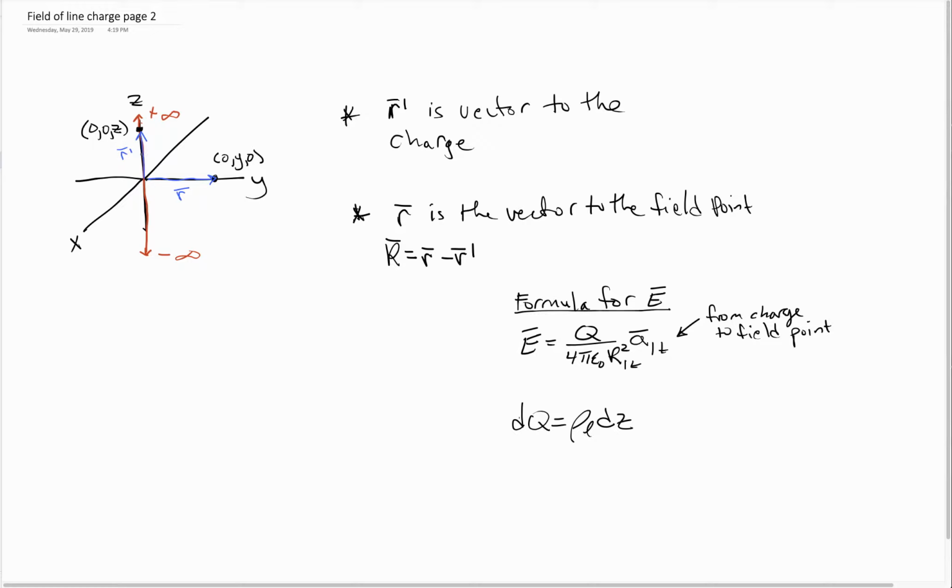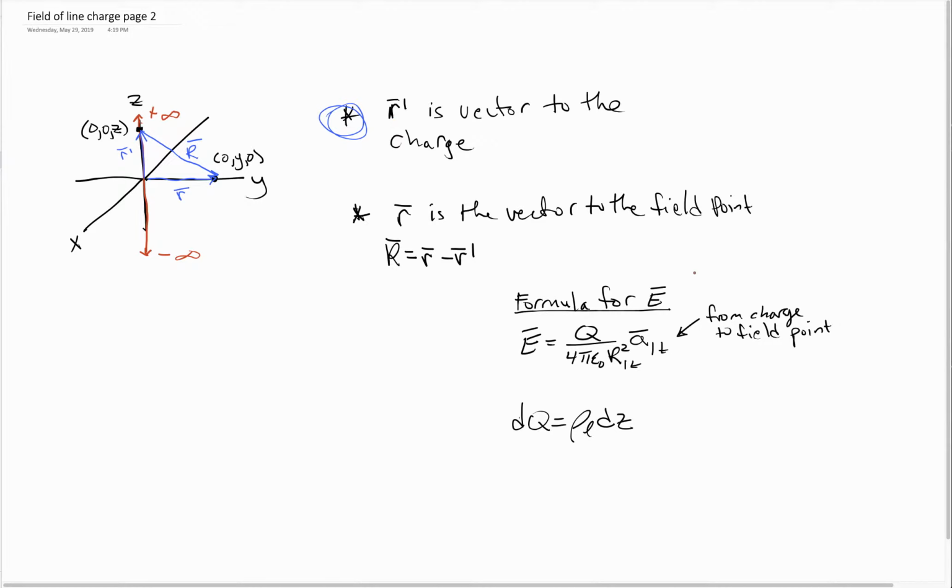They use this notation throughout the book, where r prime is always the vector to the charge, and r is the vector to the field point, and then capital R is what we use in the equations, going to be this vector here. And so to determine capital R, we just subtract r prime from r. So just remember this one, because it's important, that r prime is always a vector to the charge.